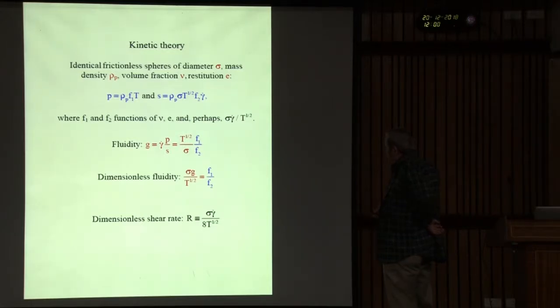And we're going to be interested then in characterizing the ratio of these functions in the context of kinetic theory. And to do that, we're going to introduce this dimensionless measure of the shear rate. So that's capital R.